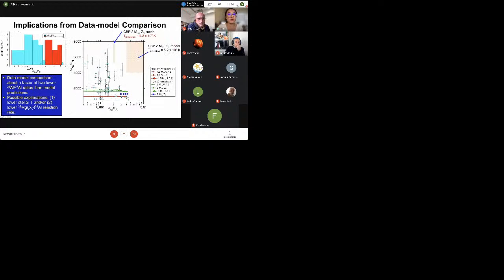And then by comparing the same set of FRUITY model calculations with the grain data, we see the grains show a wider range of aluminum-26 ratios than the model predictions.